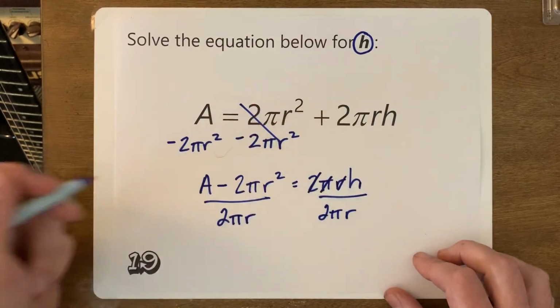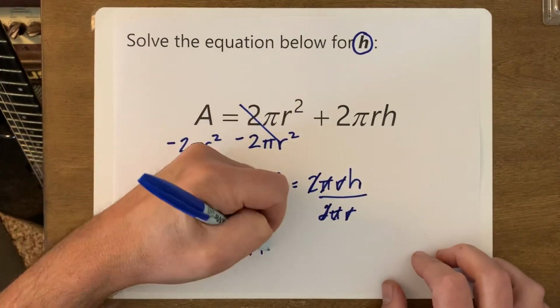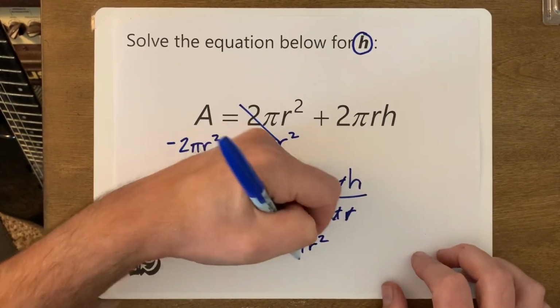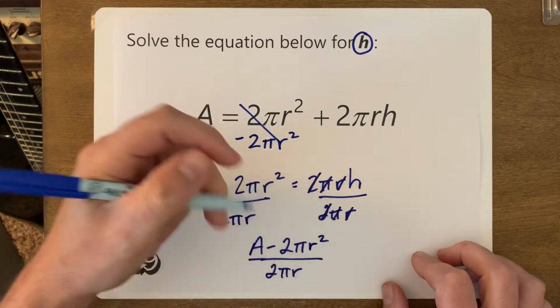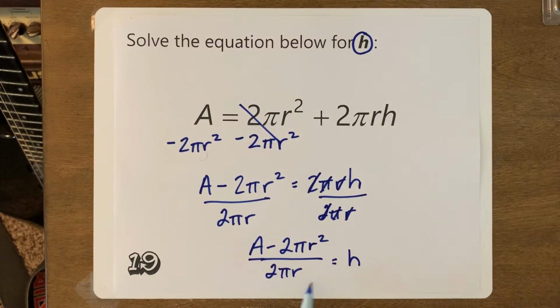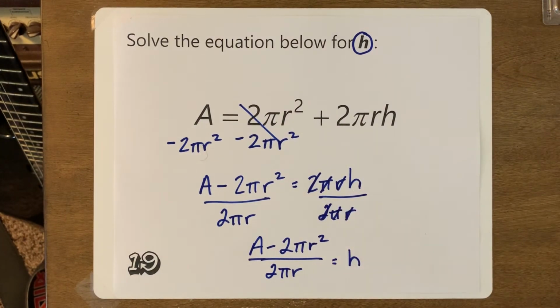All three of these cancel over here, and I now get minus 2 pi r squared over 2 pi r equals h. That might be a monster to put into a calculator, but it can be done. You're probably going to get some kind of decimal answer unless you get an area that has pi's in it.